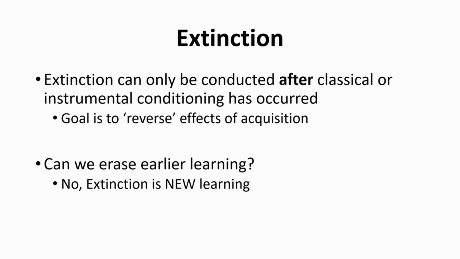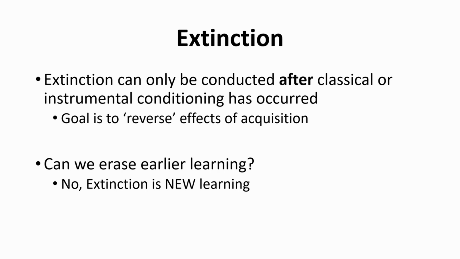So our conditioned responding increases. For instrumental conditioning, a response leads to a reinforcer, and because of something about that relationship, we get an increase in responding. So in both cases, that increase in responding is what we're trying to counteract with extinction.